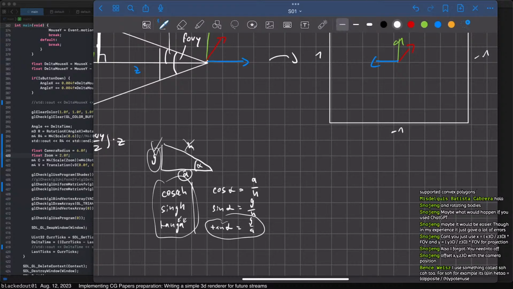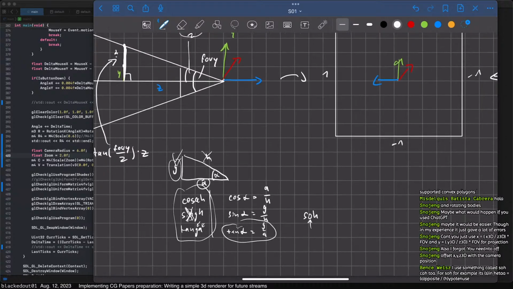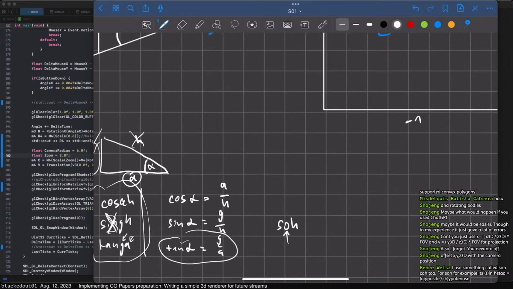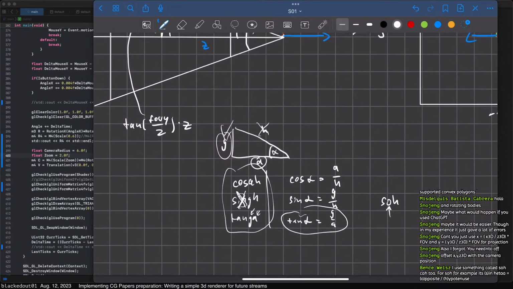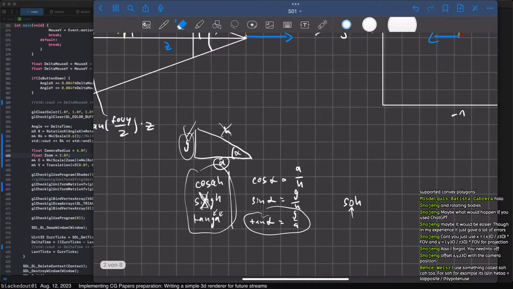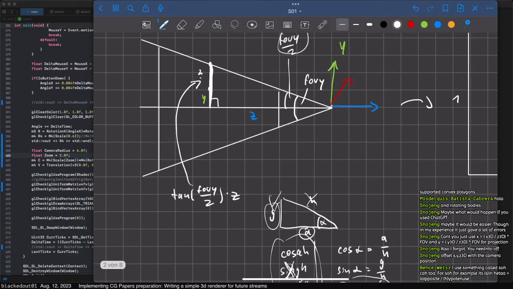It's just that you discard these words here, and then this is the opposite side, right? Yeah. Okay, I guess this makes sense too.